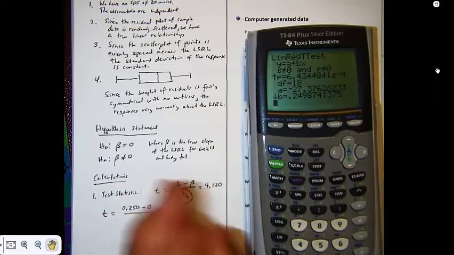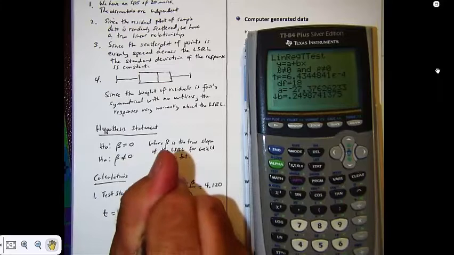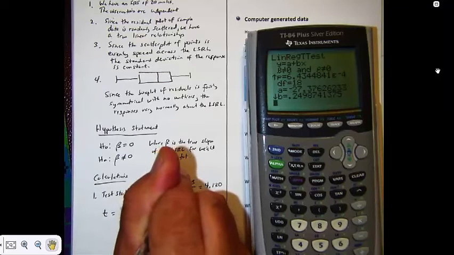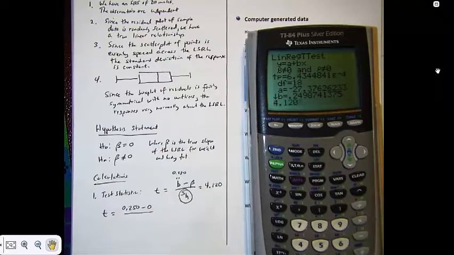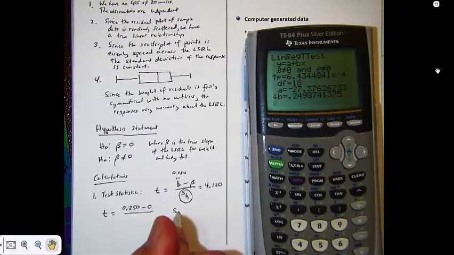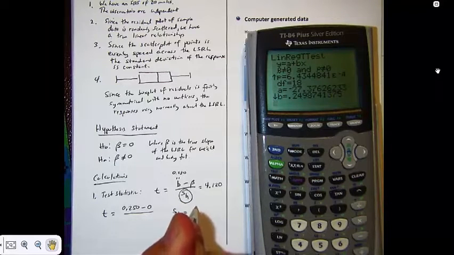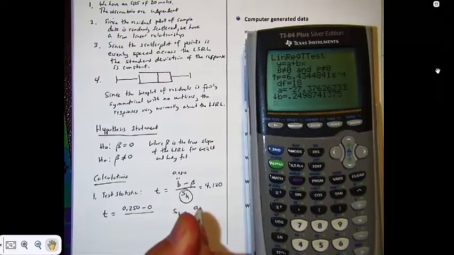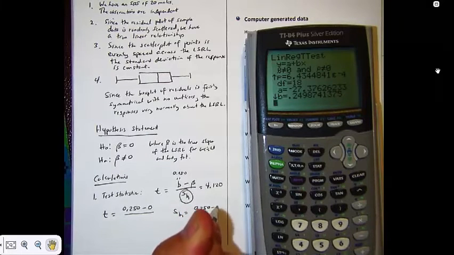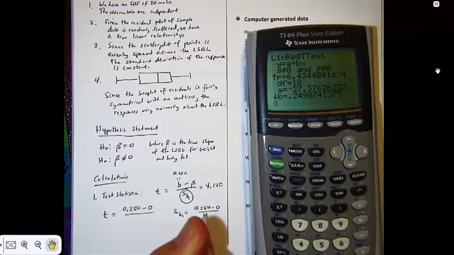Now, if I know this piece here is 0.250, and I know my t-test statistic value is 4.120, then I can solve a simple equation here for s sub b sub 1. So s sub b sub 1 really is equal to b, which is 0.250, minus 0 divided by 4.120.